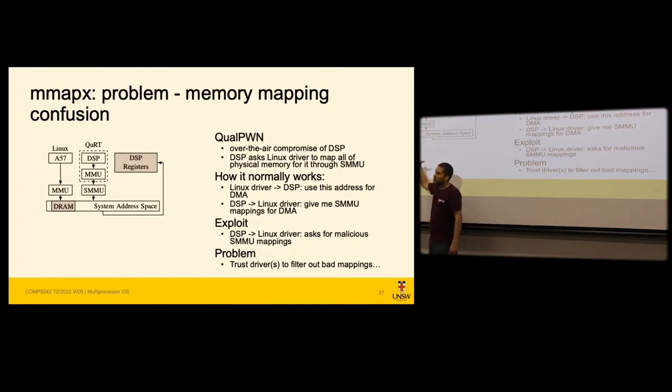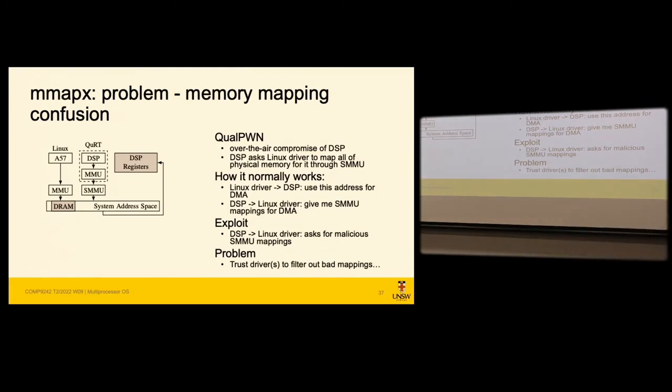If that driver doesn't realize that it could be compromised and asks for the wrong thing, it'll give it the wrong thing. There's no centralized way of managing that memory. There are all these different pieces of memory, and different people and processes that want to use that memory, but there's no central way of managing it.